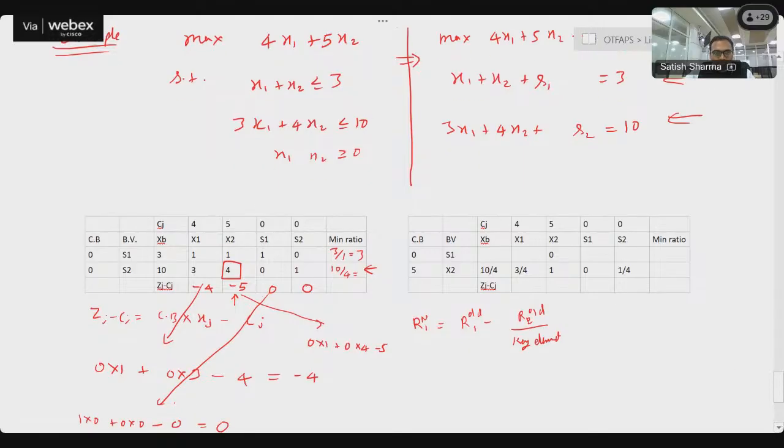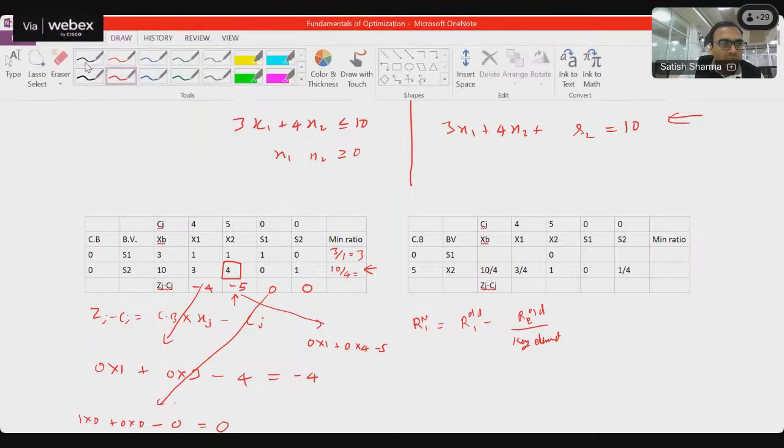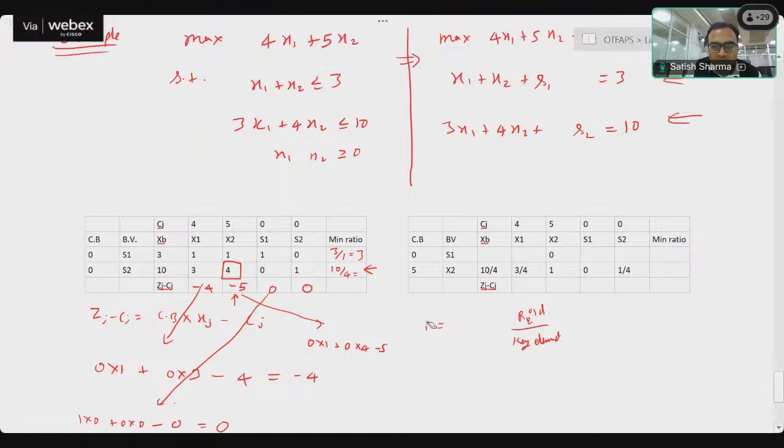So just wait, again. What we can write here is, I have to make this particular value zero. So I can say that this R1 new is equal to R1 old divided by whatever is R1's value with respect to the key element. So this makes this equal to 1.